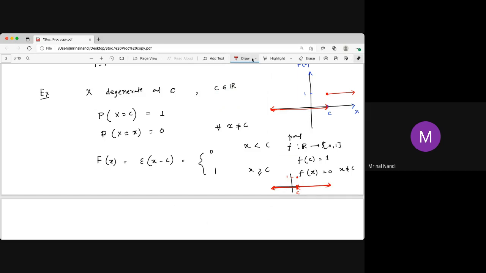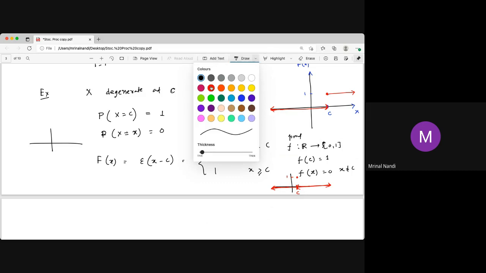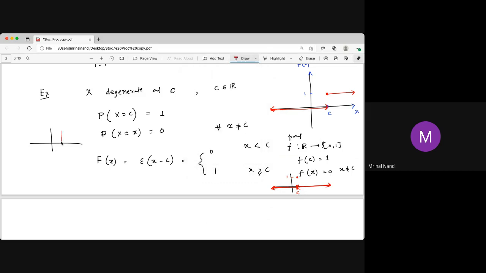Sometimes in some books they draw the mass function like that. But remember, this is not actually the graph of the mass function, because this part is not in the graph. The only point is this one. So (C, 1) is the only point in the graph.